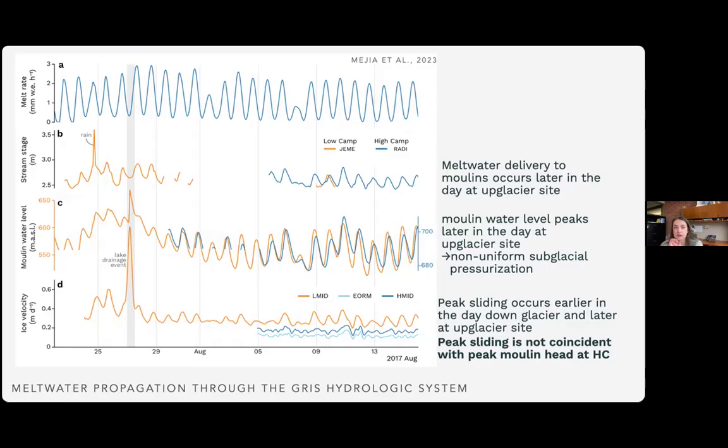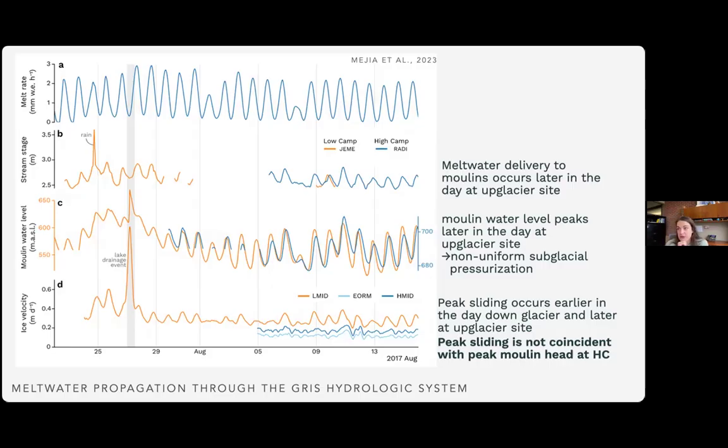So this is resulting in this non-uniform subglacial pressurization where we have some areas that are experiencing their peak pressurization at different times than other locations based on those supraglacial characteristics. And then finally, we have our peak sliding that is again occurring earlier in the day at our downglacier sites, later in the day at our upglacier sites because of this timing of peak pressurization.